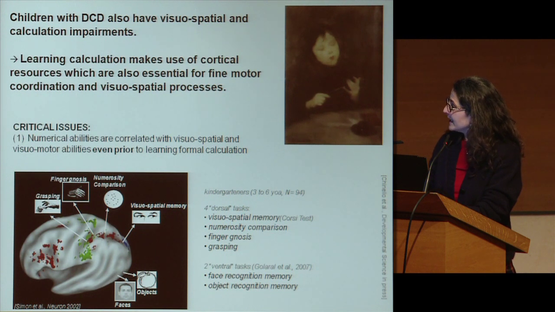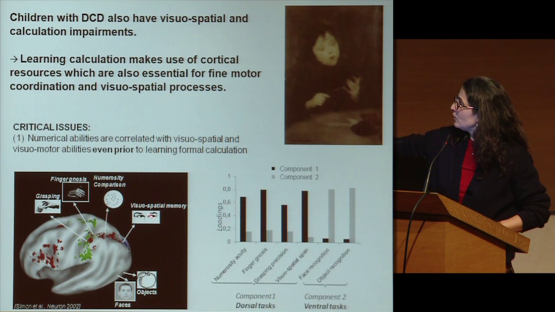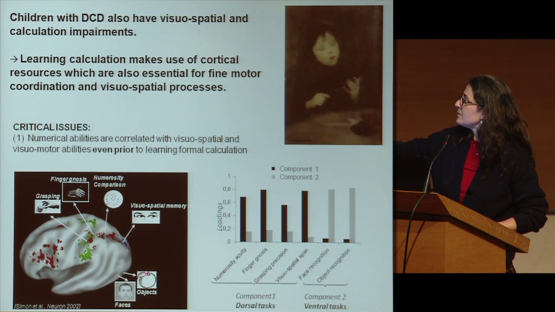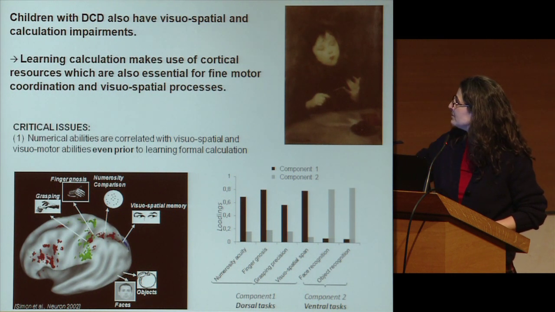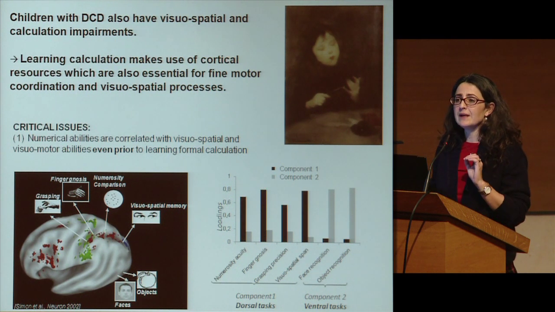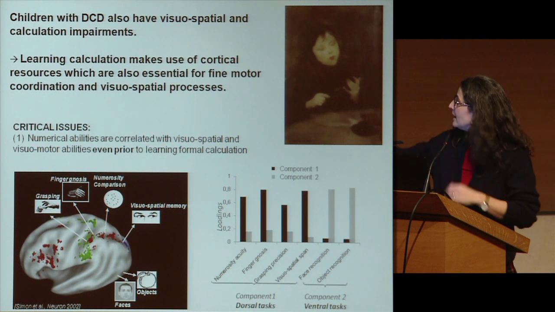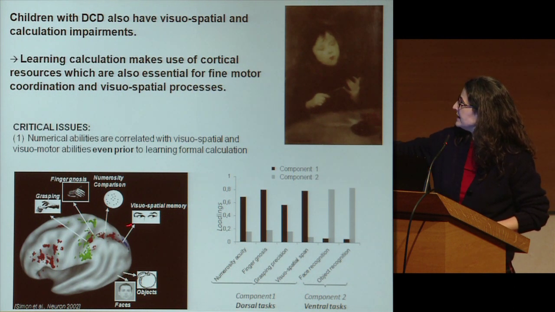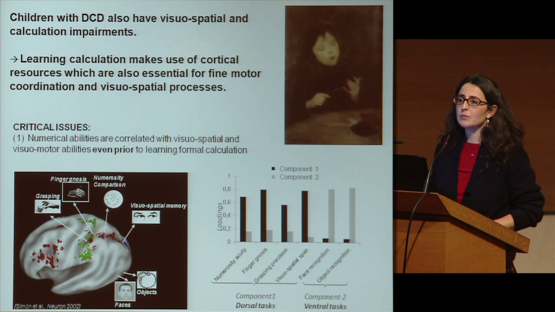We could study the pattern of correlation across these tasks in our group of kindergarteners, and what we show is that all the dorsal tasks heavily correlate one with the other in the complete absence of correlation with the ventral tasks. Indeed, with principal component analysis, we show that the inter-individual differences across these tasks could be very well explained by only two components: a dorsal component grouping all these tasks together, and a ventral component.